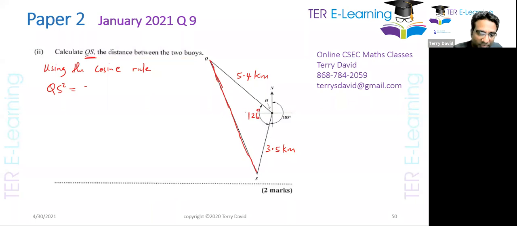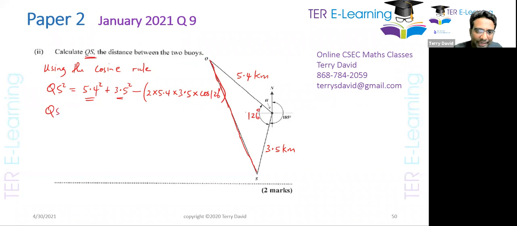So it's going to be 5.4 squared plus 3.5 squared, minus, according to the formula, 2 by this number here, 5.4, multiplied by this number here, 3.5, multiplied by the cosine of the angle that we do know. So it's cos 126 degrees.